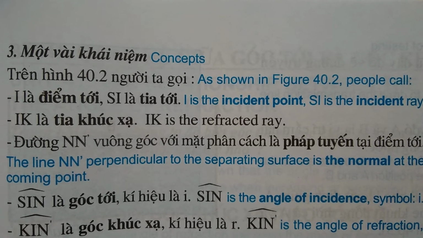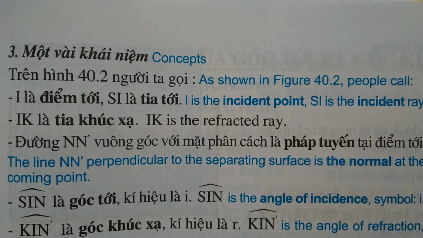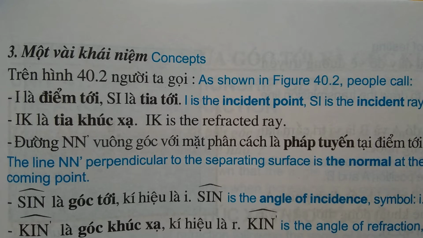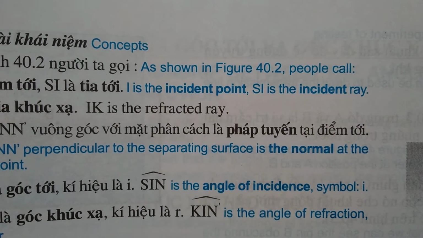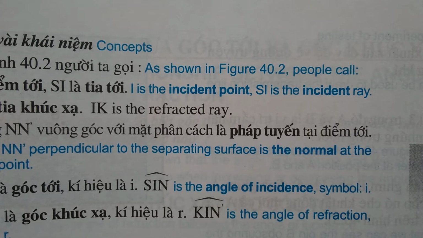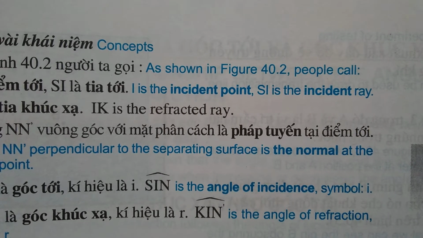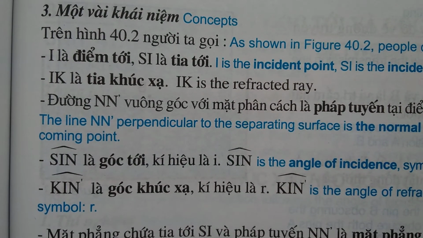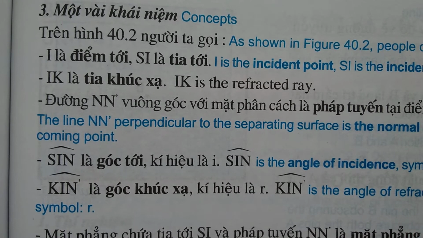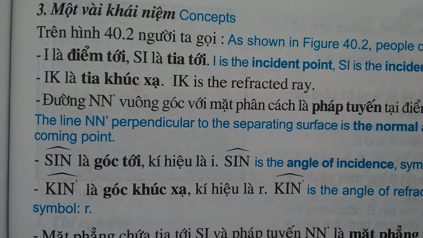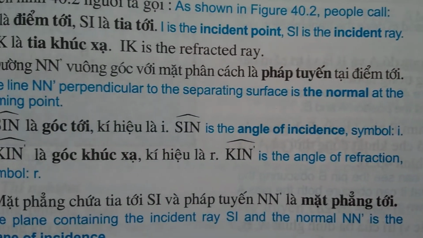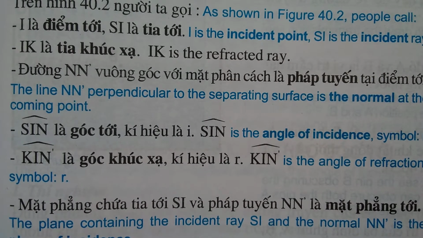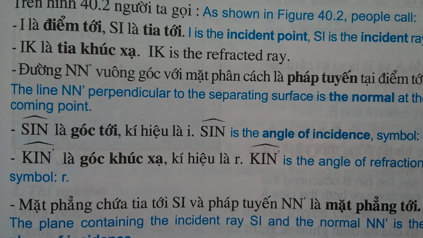As shown in figure 40.2, people call I the incident point, SI the incident ray. The line NN prime perpendicular to the separating surface is the normal at the incident point.